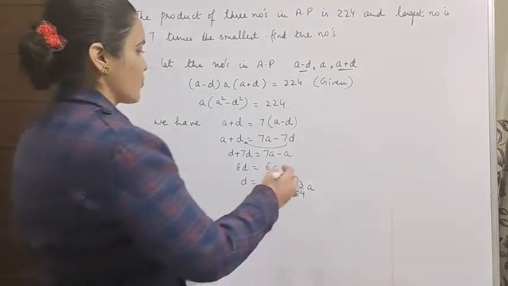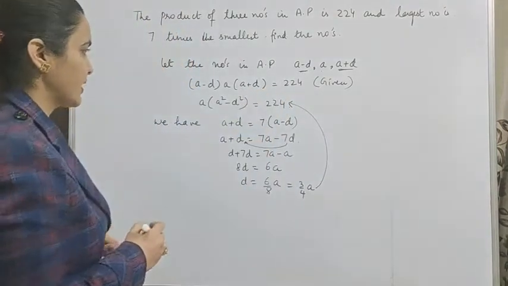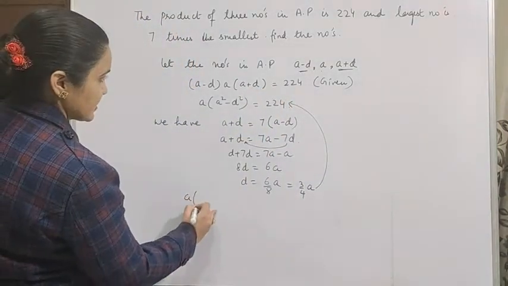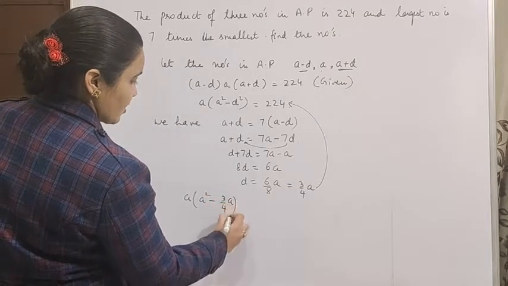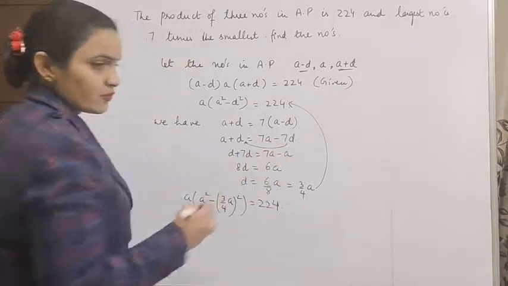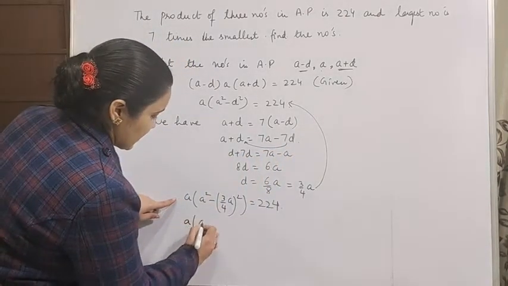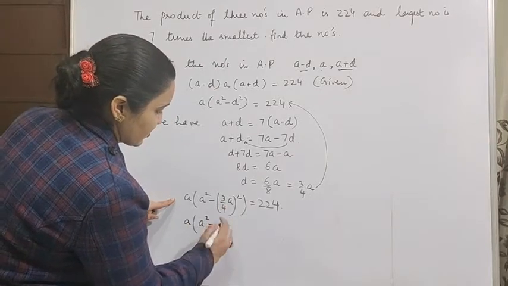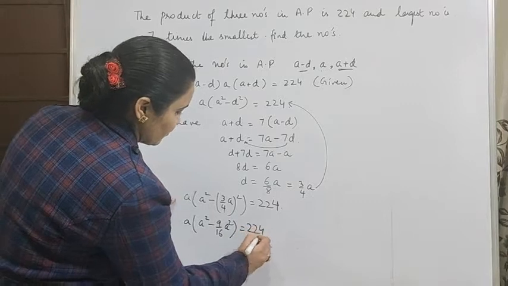So let us now put the value of d here. So we get a as it is, a square minus d square, where d is 3 upon 4 a whole square, is equal to 224. So we have a into a square minus 9 upon 16 a square is equal to 224.